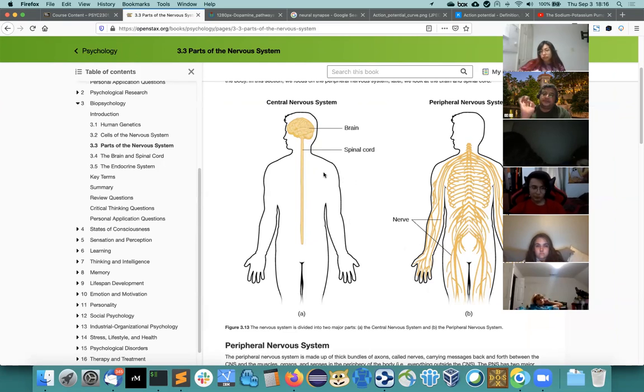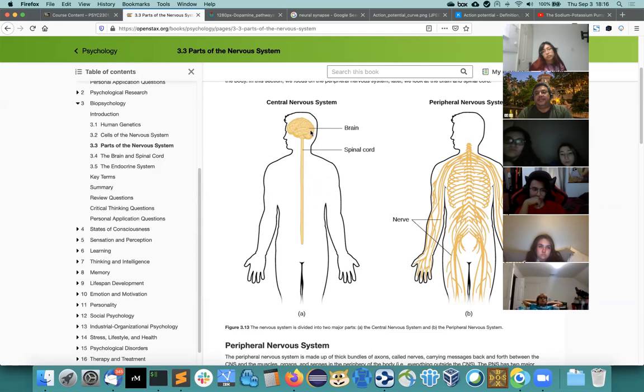The central nervous system is made up of your brain and your spinal cord. You kind of need that, right? If you ain't got that stuff, you ain't nobody. You got to have a brain and you got to have a spinal cord. The central nervous system is obviously very important to making us who we are. The central nervous system is wrapped in protective bone, right?